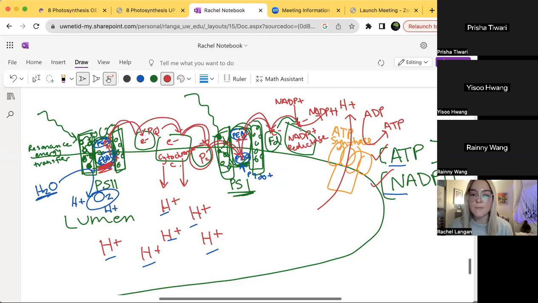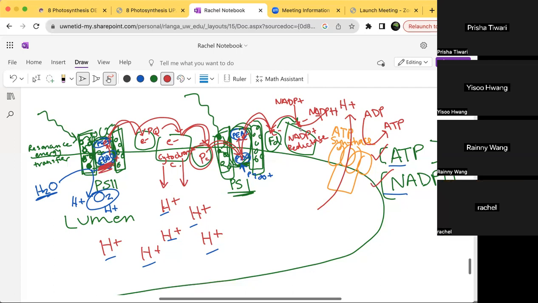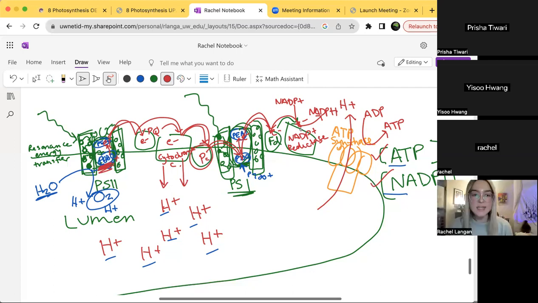Other questions? I have one question real quick. The electron is passed on from PS2 to PQ and then cytochrome. Does that mean it's electron transfer instead of energy transfer? Yes, as soon as we get past P680, we're passing electrons. With photosystem 1, the chlorophyll on the outside, they're not passing electrons, but P700 is, PC is, and everything downstream of P700 is.